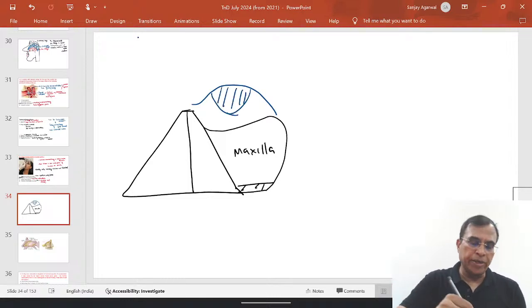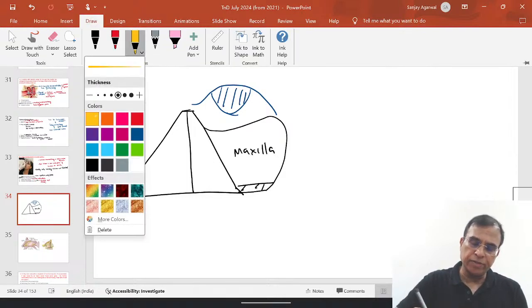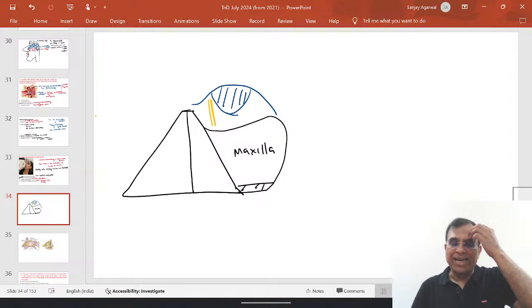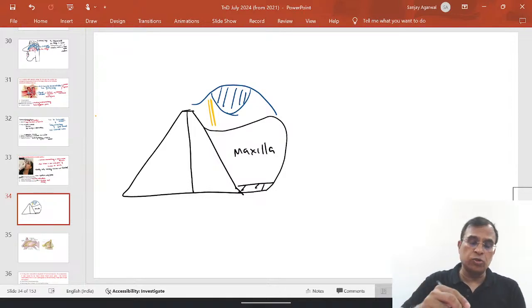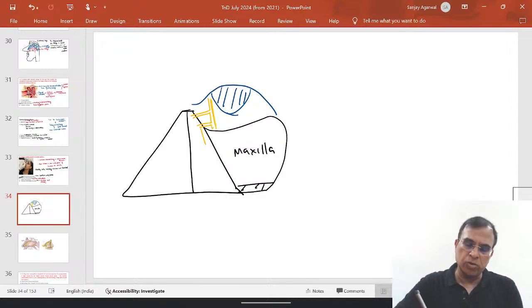Now in the orbit there is a nasociliary nerve. There is a nerve here, let's say like this, the nasociliary nerve, and this nerve sends 2 branches to the nose. So one branch we can draw like this, one branch we can draw like this. These 2 branches then enter the nose and go down to supply the nasal cavity like this.